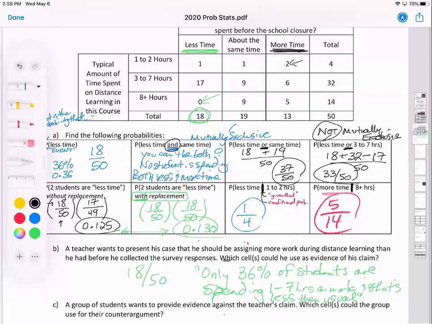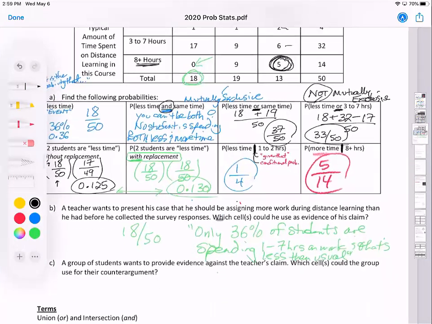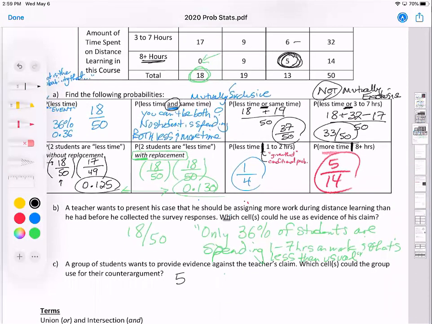But it seems like the strongest argument would be 6 or 5. Maybe you could throw in 6, but that would be a lot. Like they're spending a lot of time on distance learning, more time than they would have if they were in a classroom setting. So maybe the 5 out of 50 we could use.